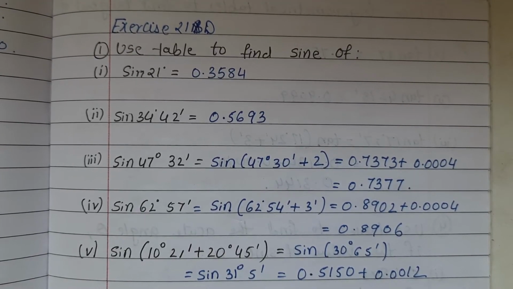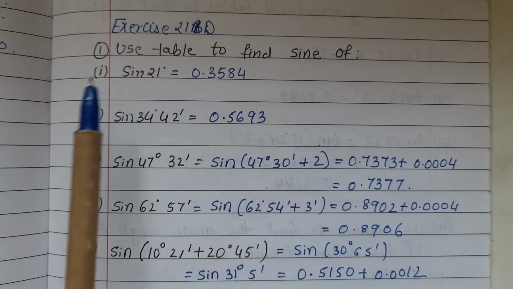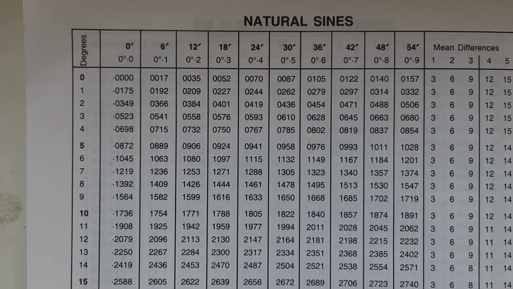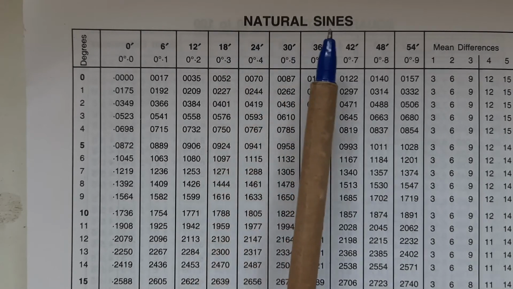Exercise 21D, sum number 1. Use tables to find sine of, first part, sine 21 degree. Inside your textbook, page number 450, the pages of natural sine.